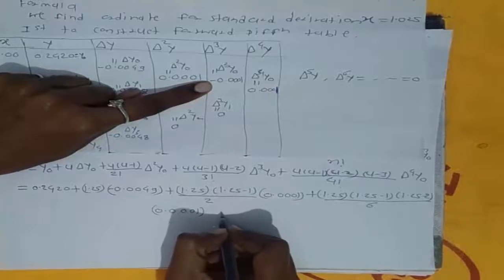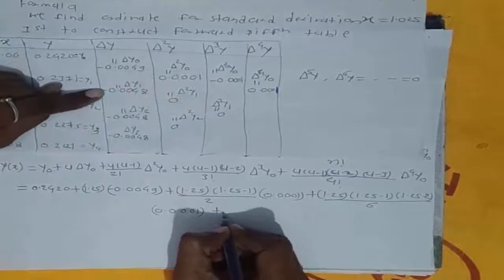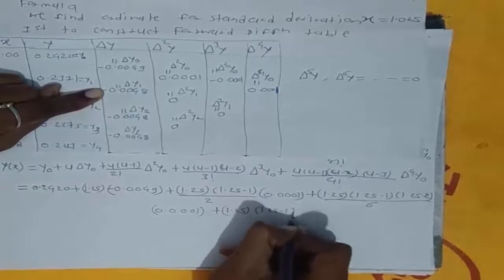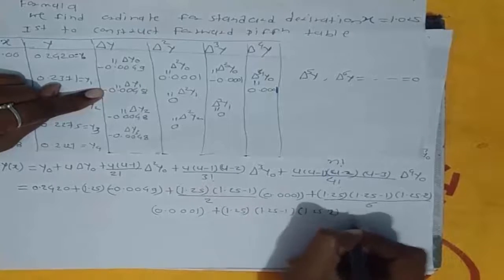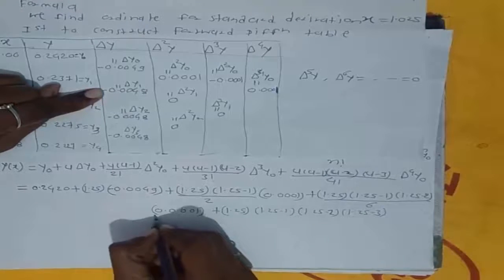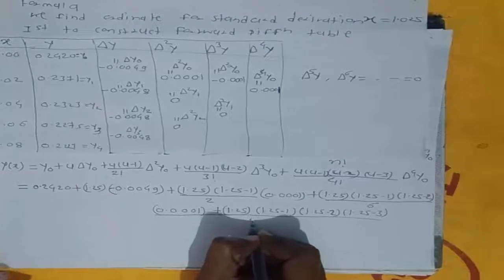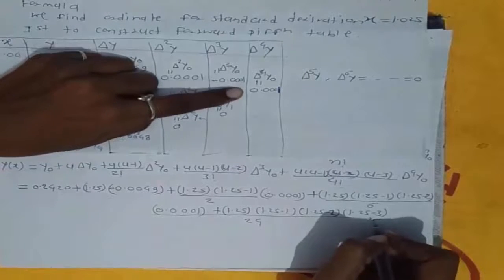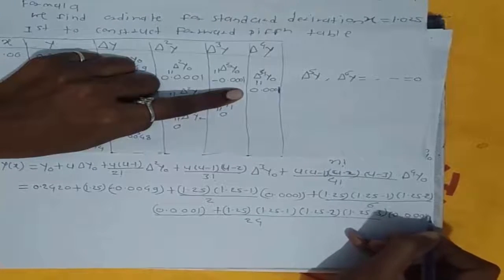Okay, then plus again u will be 1.25 into 1.25 minus 1 into 1.25 minus 2 into 1.25 minus 3 divided by 4 factorial, that is 24, and into delta raised to 4 y0 will be 0.0001.